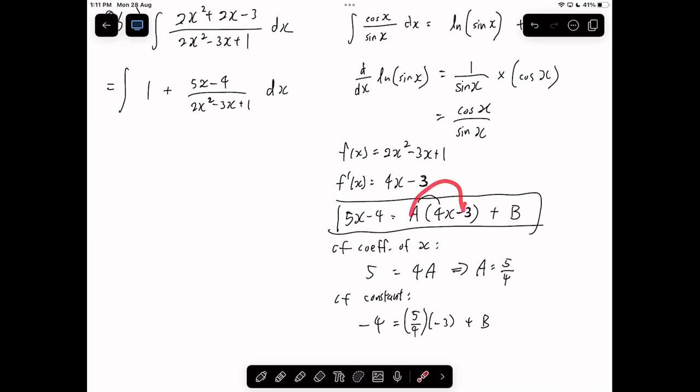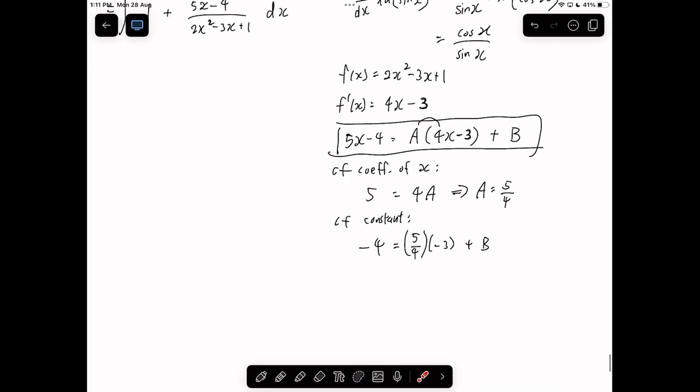A times -3, that's -3a, and then plus b, that contributes to your constant. So we get -4 equals 5/4, which is a, multiplied by the -3, and then plus b. So solving, what do you get for b? -1/4.